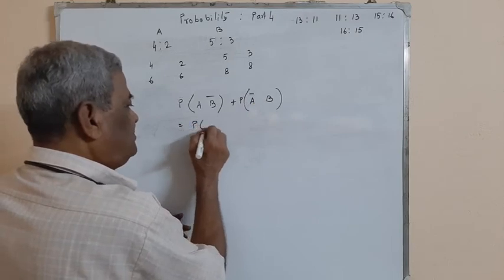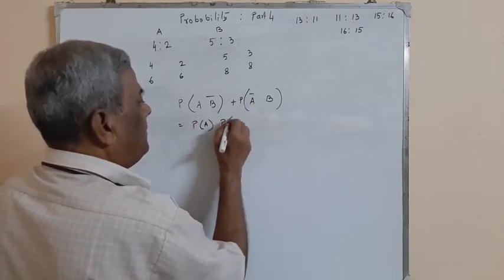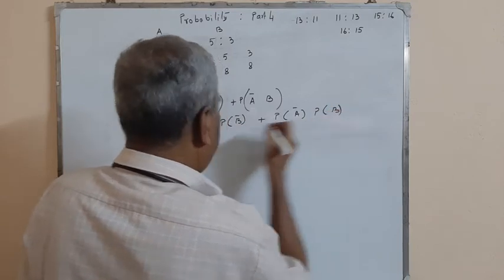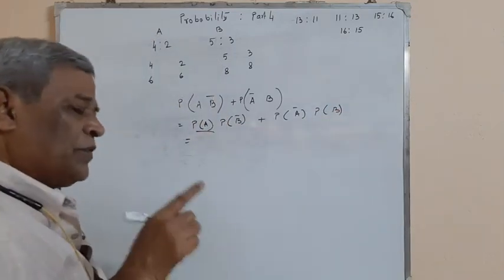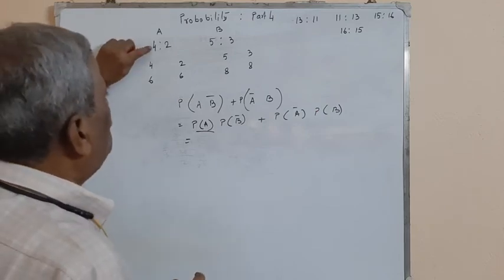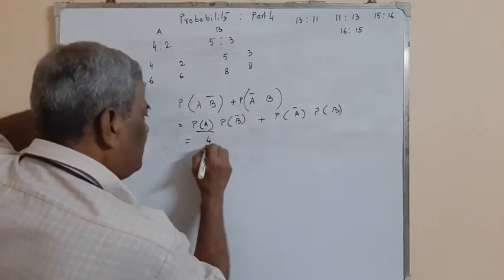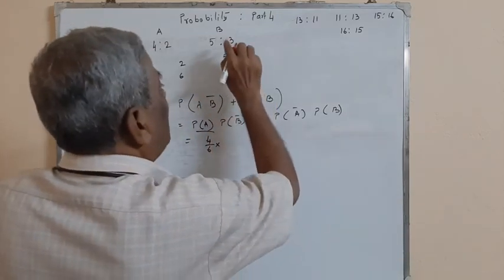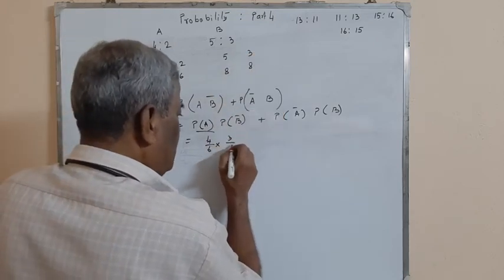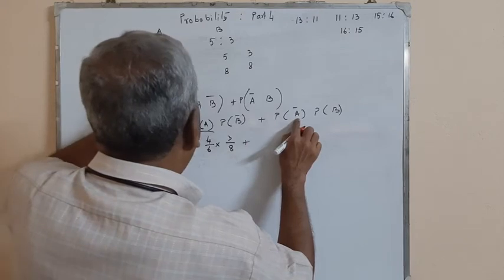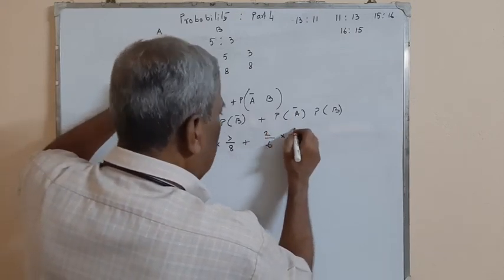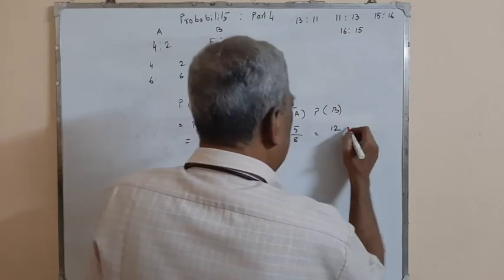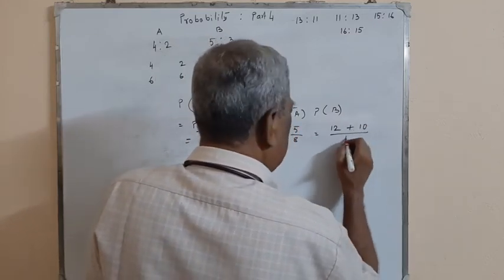It is equal to, as they are independent, probability of A into probability of B bar, plus probability of A bar into probability of B. Now, for A speaking true, it is 4 by 6, into probability of speaking false by B, it is 3 by 8, plus probability of A bar, it is 2 by 6, into 5 by 8, so that it is equal to 12 plus 10 divided by 48.